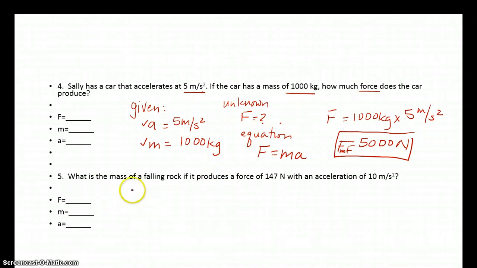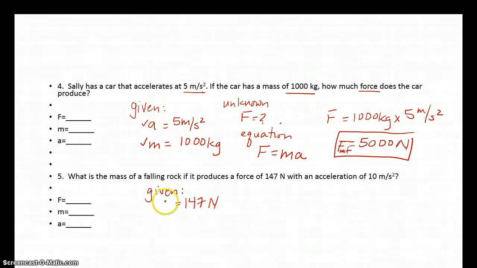For number 5, the mass of a falling rock. What is the mass of a falling rock if it produces a force of 147 newtons with an acceleration of 10 meters per second squared? Again, in this case, I identify my givens. I have 147 newtons.